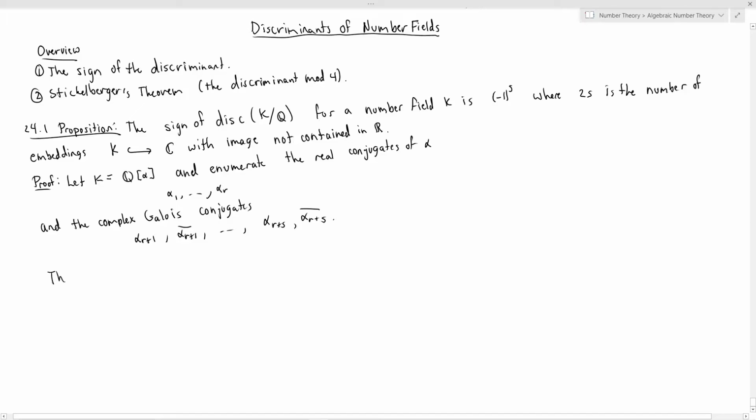Then, what can I say? The sign of these guys, alpha to the n minus 1, is the sign of... So this discriminant is this guy.